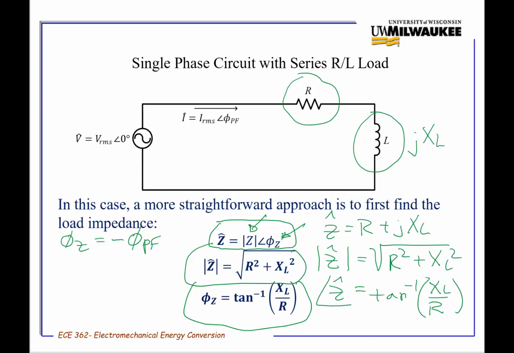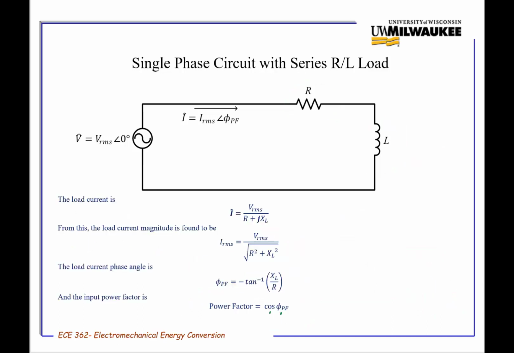So one way to find the current from this is to, let's say we started with this and we didn't have the impedance figured out. We would have to divide this RMS quantity here by a complex impedance.